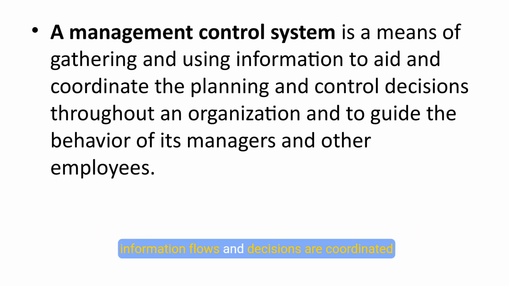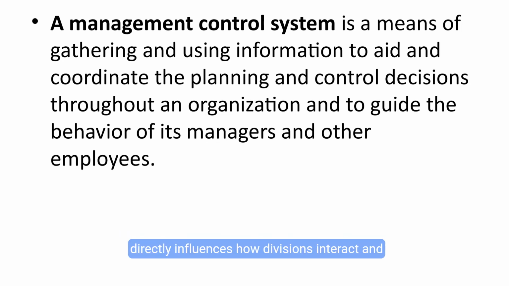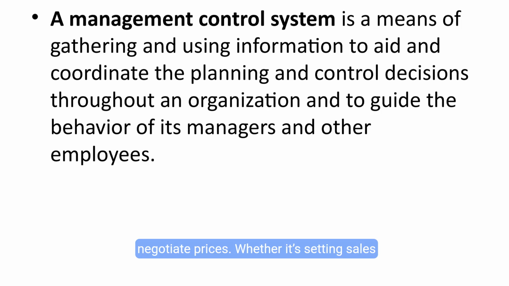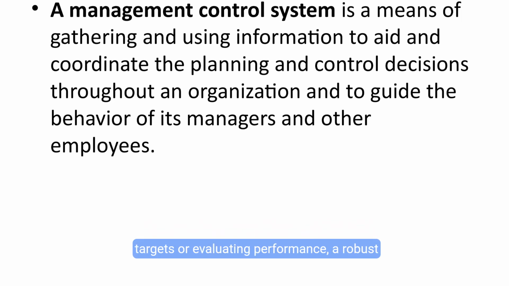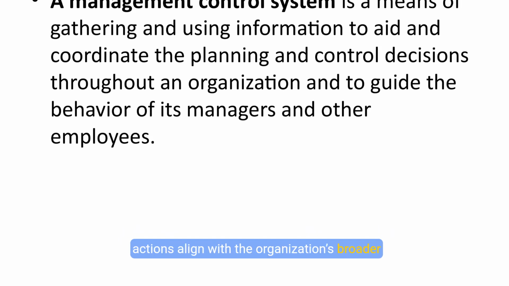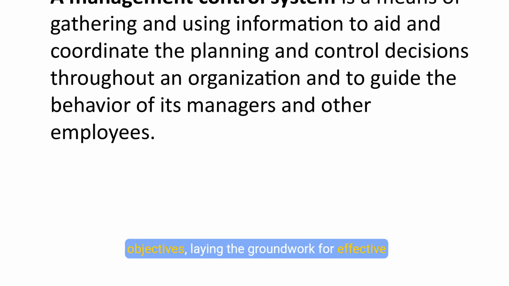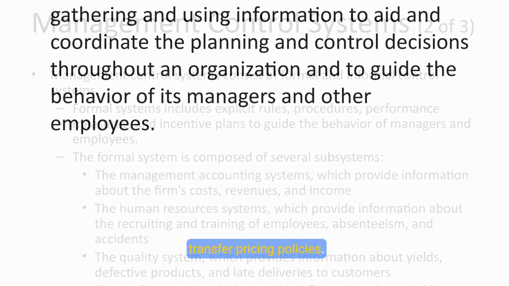Because the way information flows and decisions are coordinated directly influences how divisions interact and negotiate prices. Whether it's setting sales targets or evaluating performance, a robust management control system ensures everyone's actions align with the organization's broader objectives, laying the groundwork for effective transfer pricing policies.